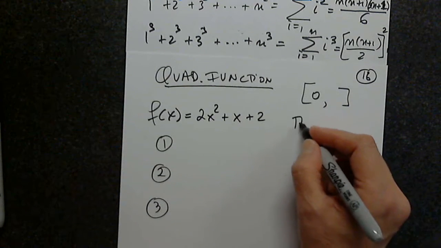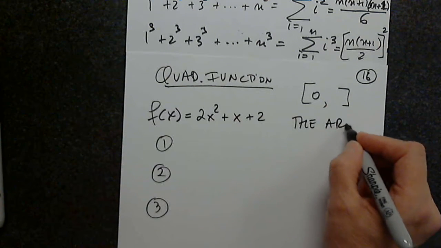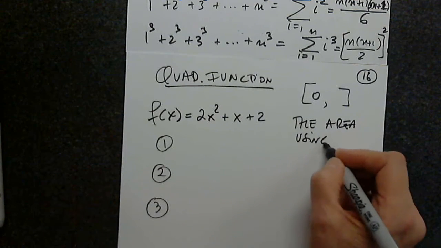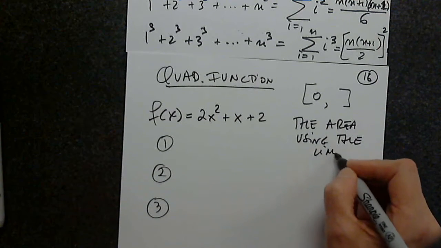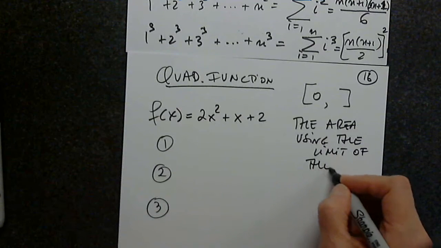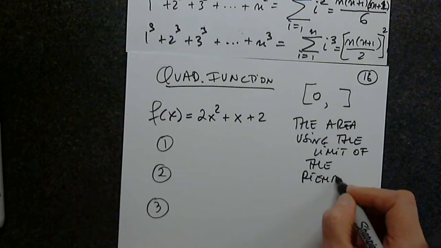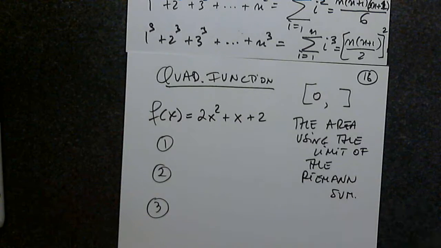We're asked to find the exact area, the area using the limit of the Riemann sum. That's what we are asked to determine. Find the limit of the Riemann sum. The first example will take, like, it seems like forever. Of course, the next and the next and the next will take less. But still, they are not trivial problems at all. Because you're going to see, we're going to have to go through a lot of steps. Okay, ready?